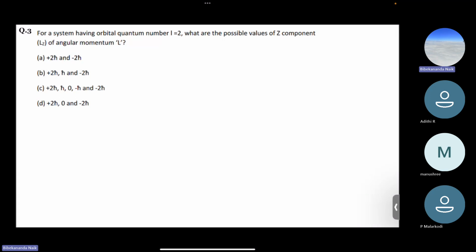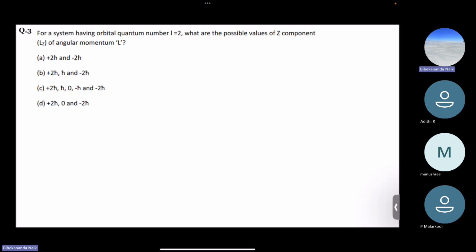That ml value is related to the Z component of the angular momentum, because during the orbital motion of an electron, if we place an atom in a magnetic field, then there are some components of that orbital angular momentum along the magnetic field. That component is called the Lz component.